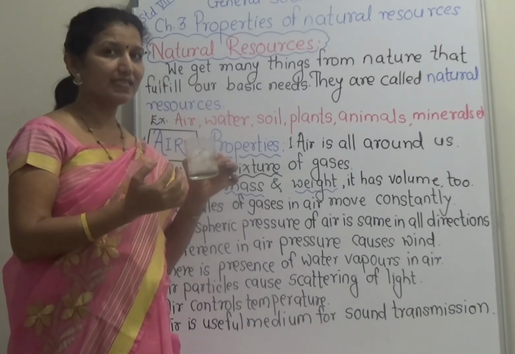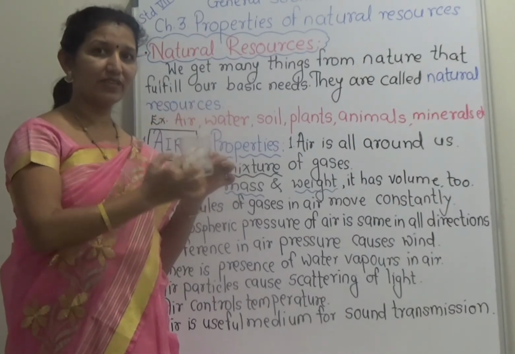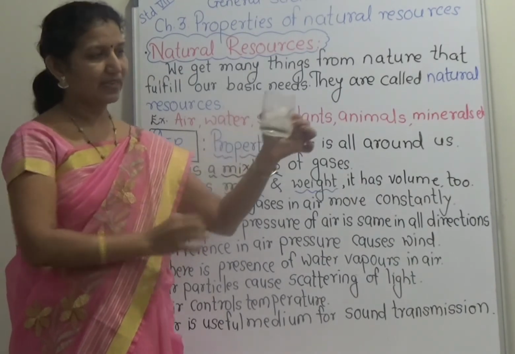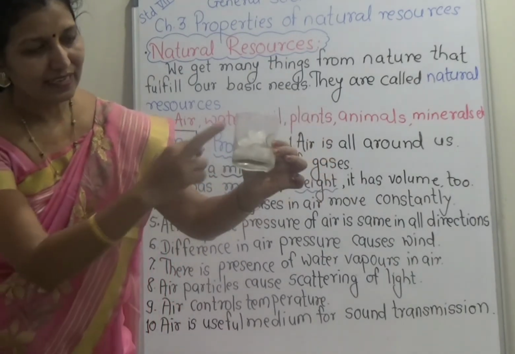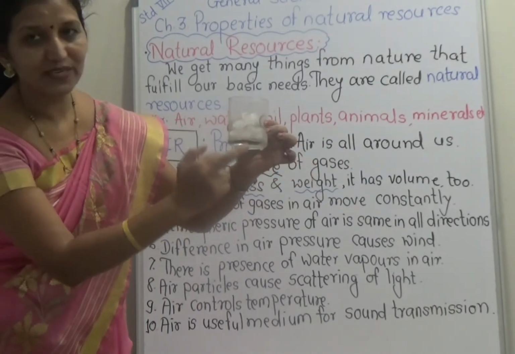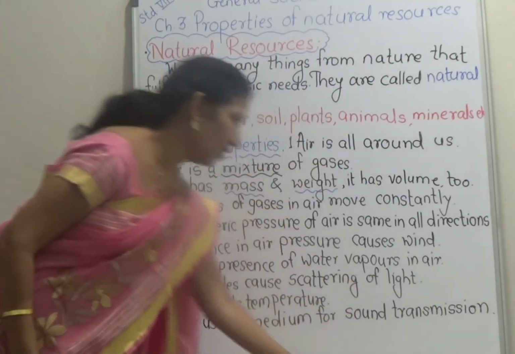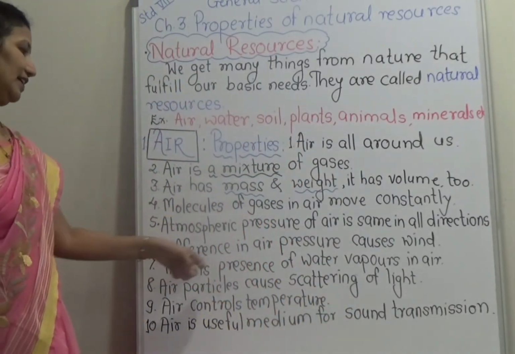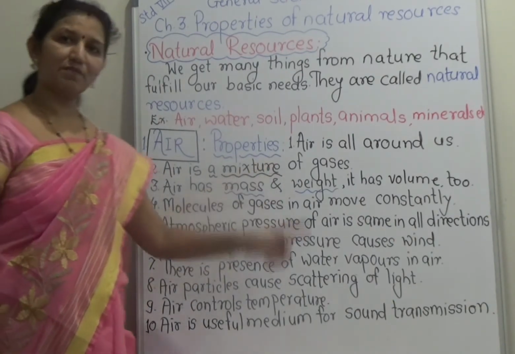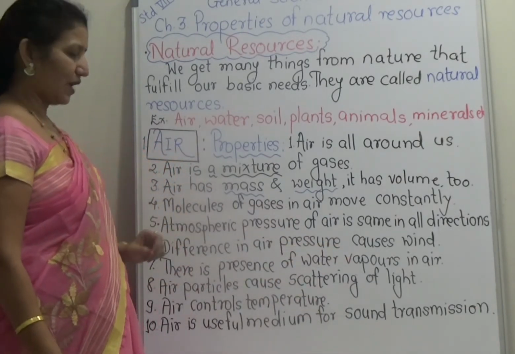What is condensation? There is formation of water droplets from water vapors due to low temperature, and these water droplets get collected on the outside surface of that glass. In this way, we have proved that there is presence of water vapors in air. This point is also clear to you now.